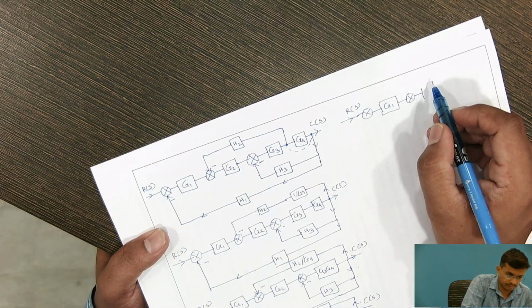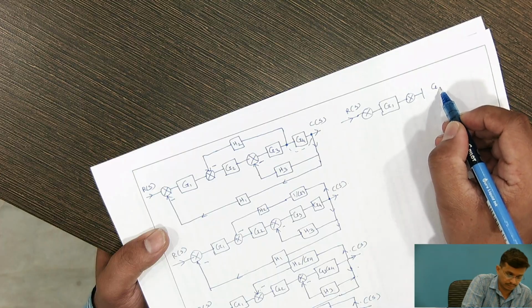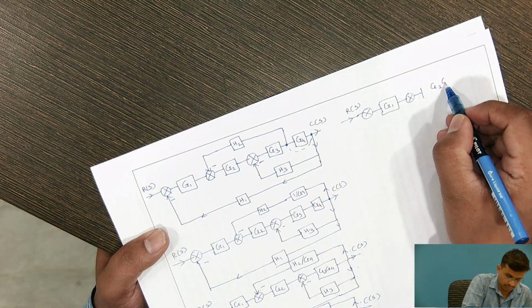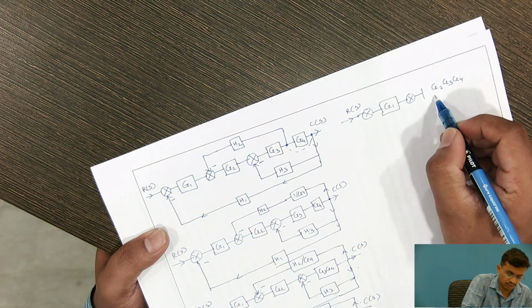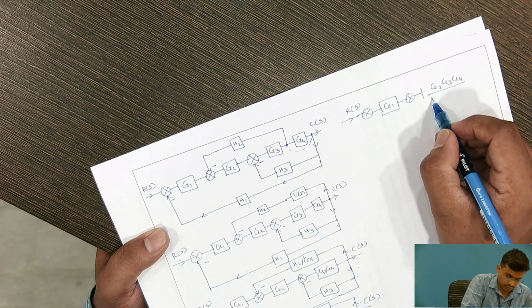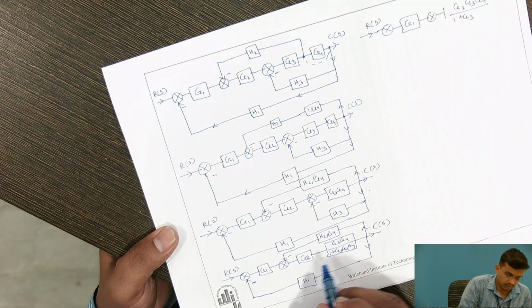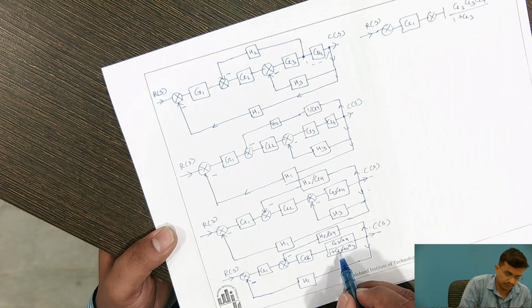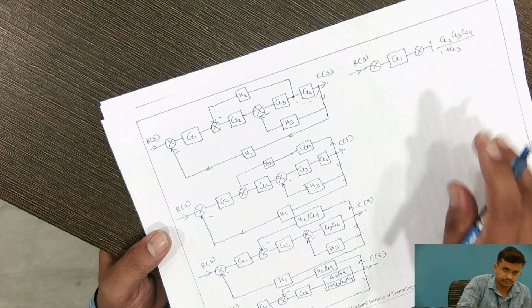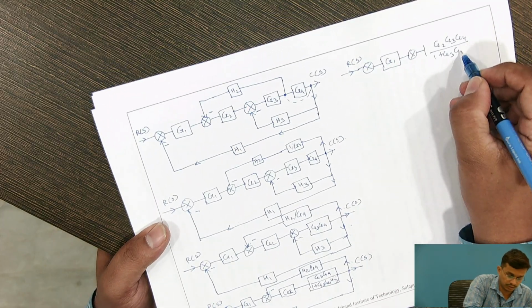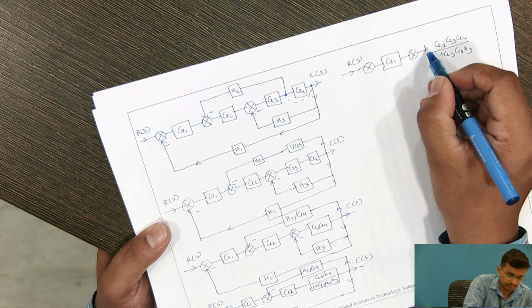It will be G2 G3 G4 upon 1 plus G3 G4 H3.